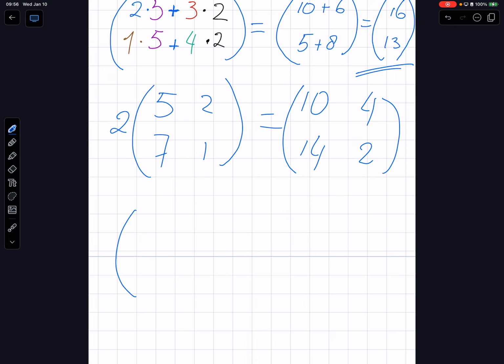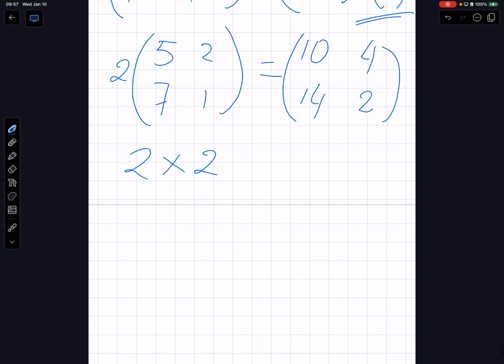Matrix multiplication. When you multiply matrices, remember how it's written. Let's take this.